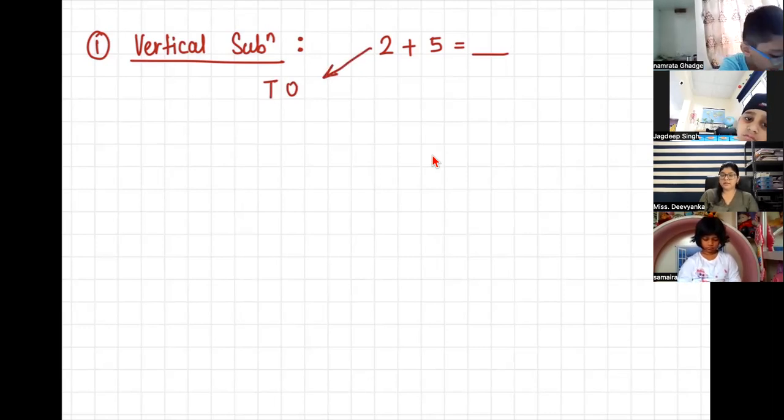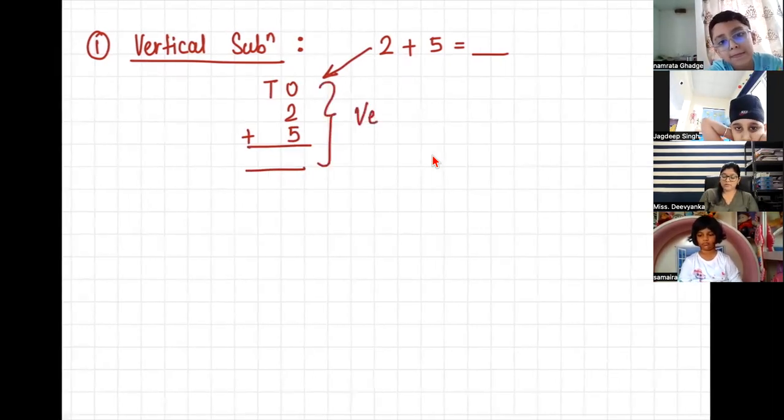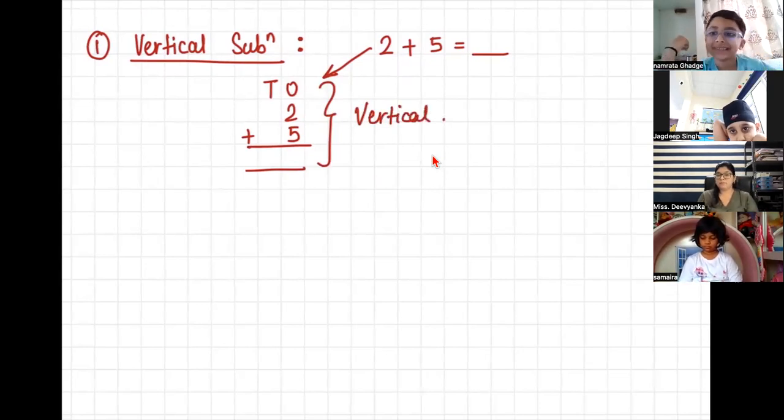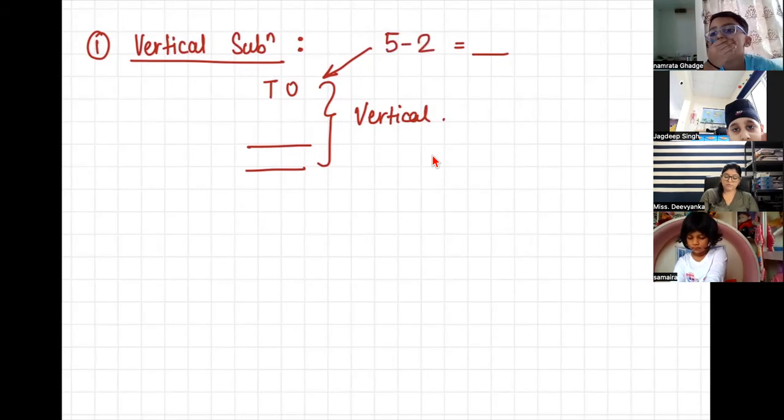Since it's a single digit number, it will come under ones. 2 plus 5. Then you write the sum like this. This is the vertical method of arranging the problem, and then you solve it. Sorry, by mistake I took the addition problem. Let's change it. Let's do a subtraction problem, 5 minus 2. So write 5 minus 2.